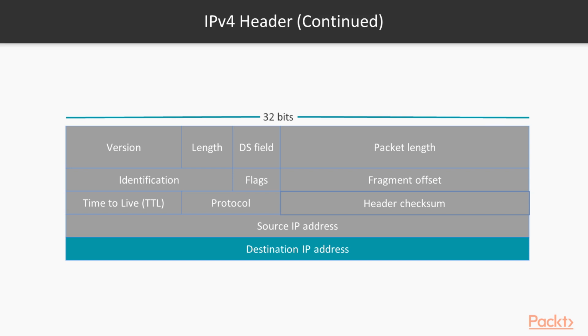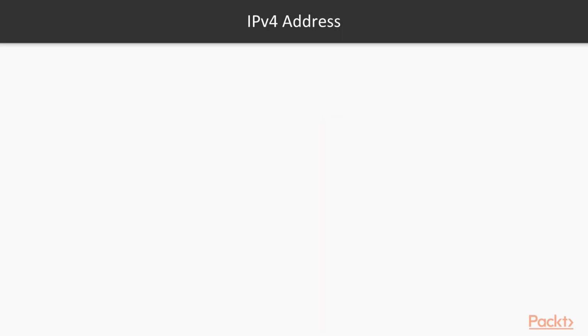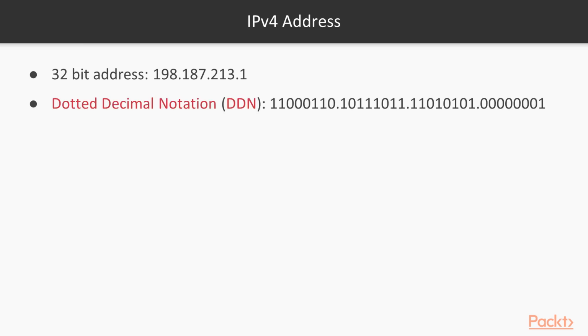Each IPv4 packet is just like an envelope. It has a source address and it has a destination address, where it comes from and where it goes to. As I mentioned in the previous slide, each IPv4 address is a 32-bit address. The way we show IPv4 addresses is called dotted decimal notation, or DDN. As you can see, we have 4 different parts, each part separated by a dot.